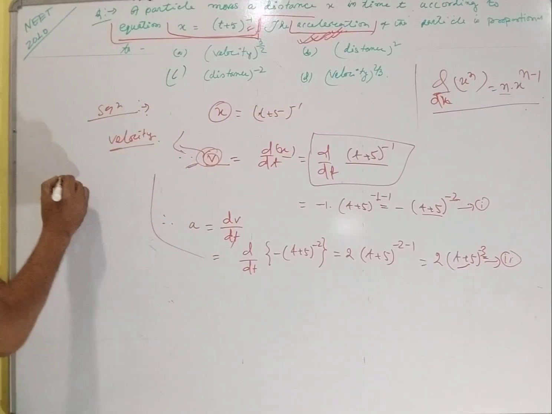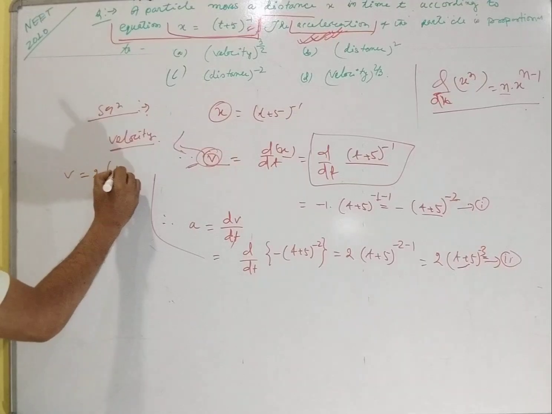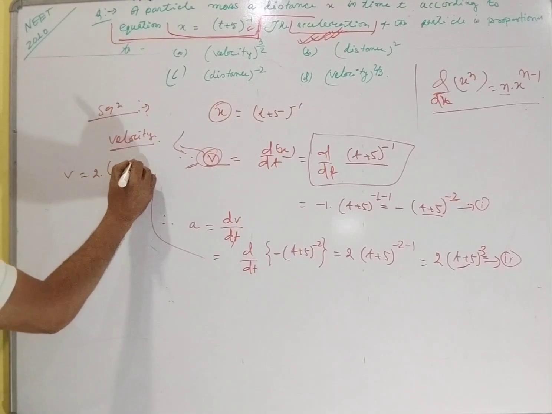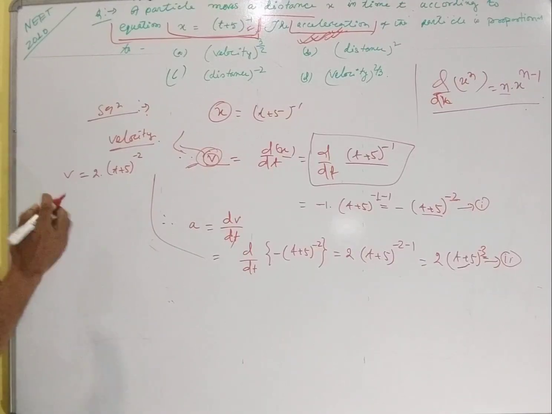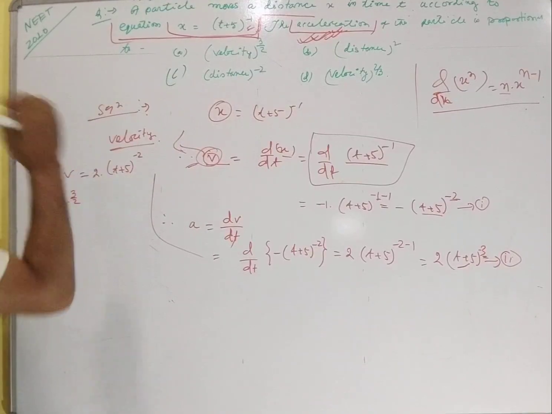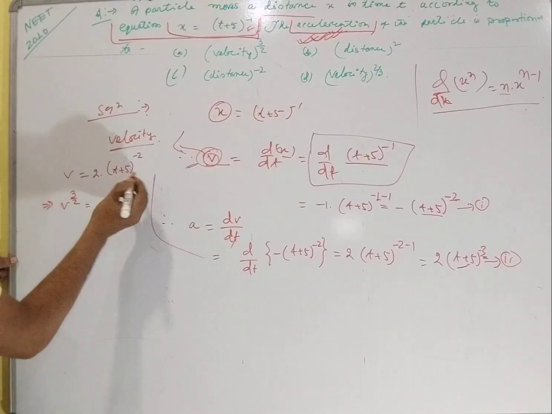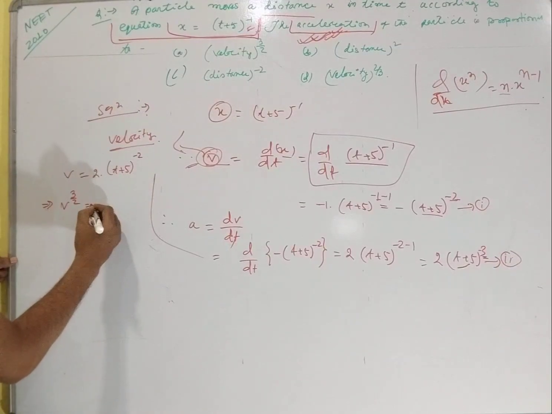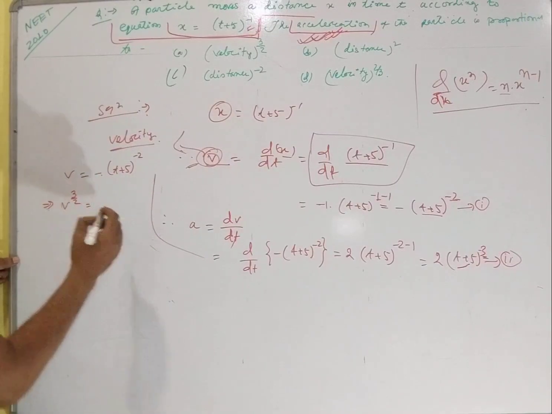Doing that, v is equal to minus (t + 5) to the power minus 2, and I will have to take power 3 by 2 on both sides.